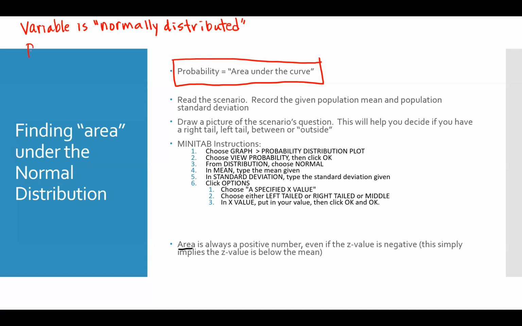You have to know the population mean, which is represented by the Greek letter mu. You have to know the population, I'm going to put this word in here, the known, because Minitab calls it the known, population standard deviation, which is sigma.